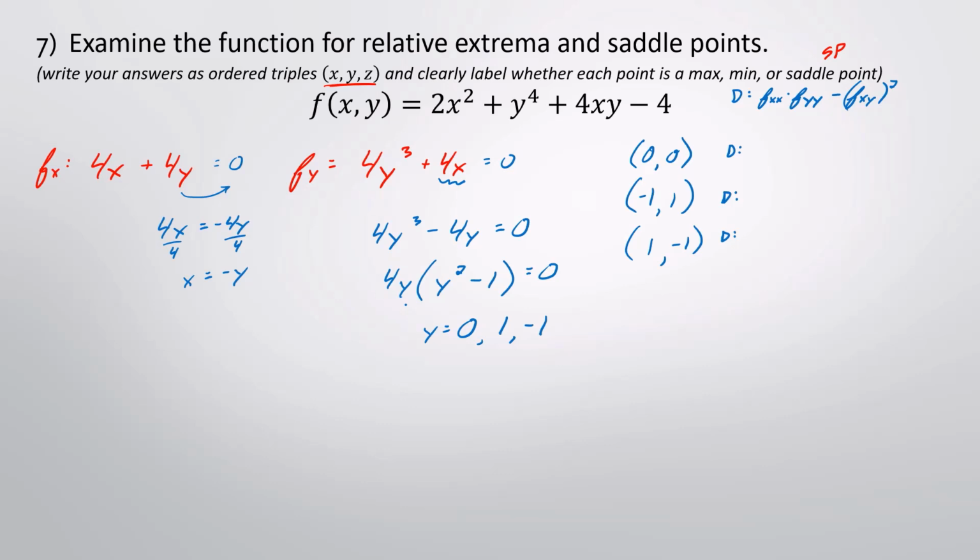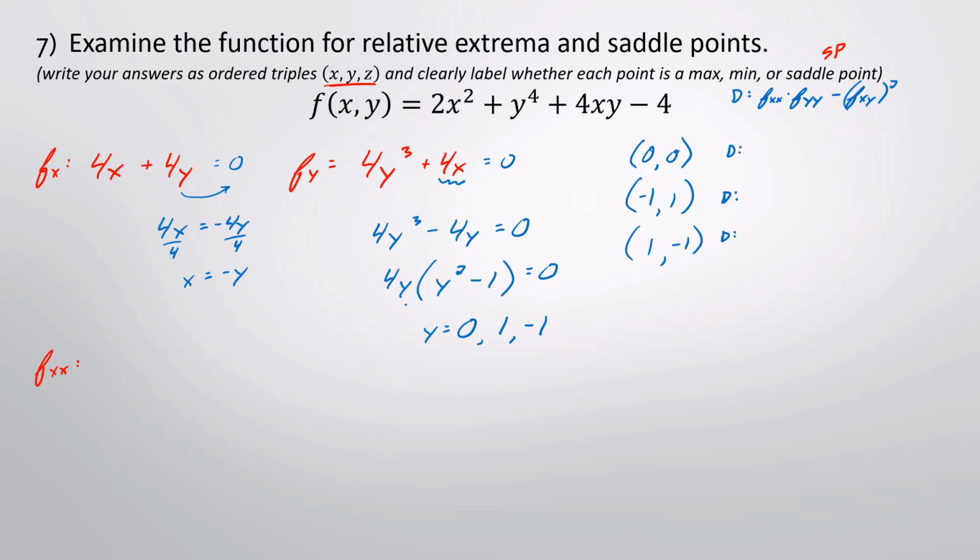So that's now the second part of this question. I just need to get now the second partials, the fxx and the fxy, as well as the fyy. So let's just figure out what those things are. So fxx, let's start maybe with that one. Let's just take the second derivative of the first partial with respect to x.